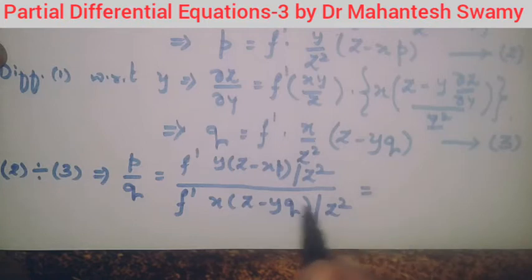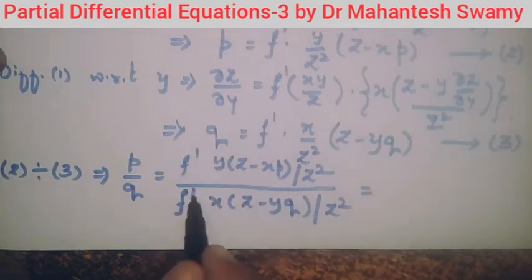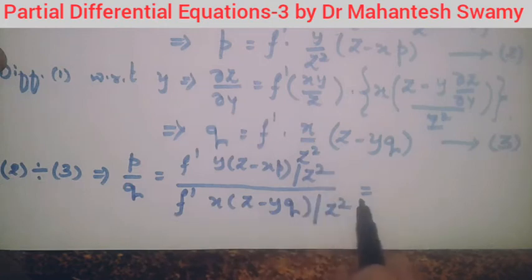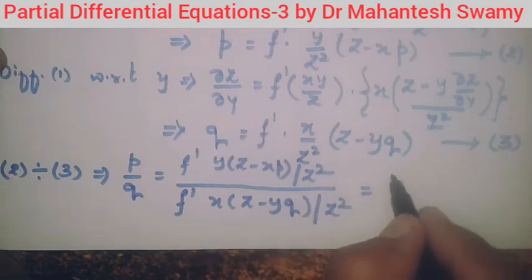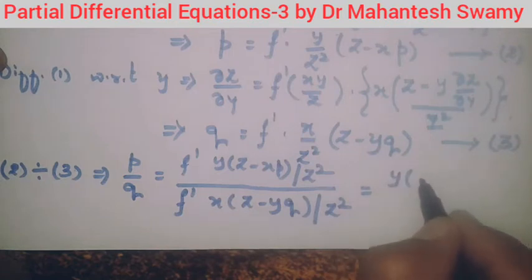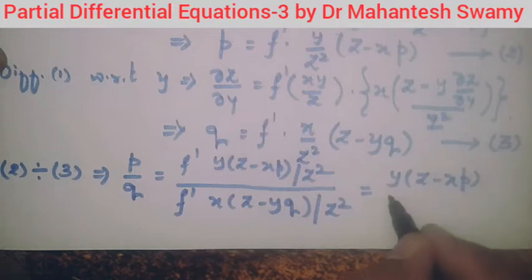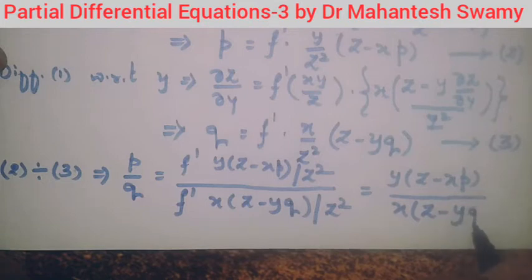So this, after simplification, this f dash cancels, z square cancels. The remaining thing is y into bracket z minus xp divided by x into bracket z minus yq.